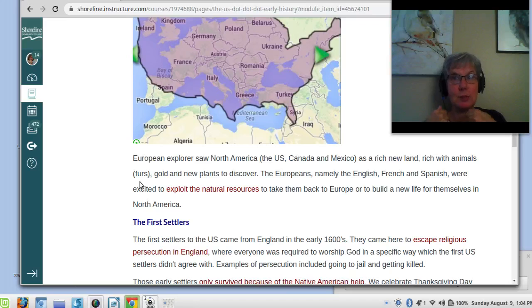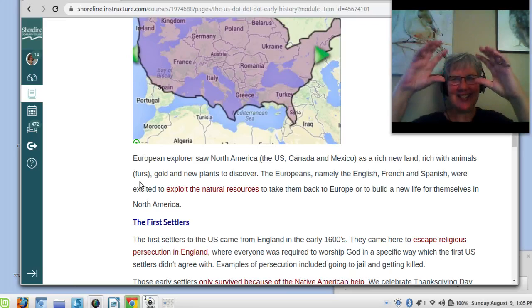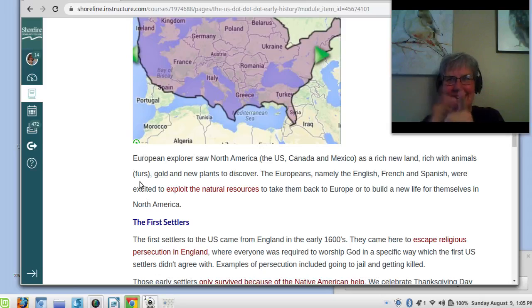So a lot of explorers came to the New World, which they called it, Canada, the United States, and Mexico, to kill animals for their fur, then took the fur back to Europe. So they said it was rich with animals, gold, and new plants to discover, new plants like maybe apples or wheat or different plants.